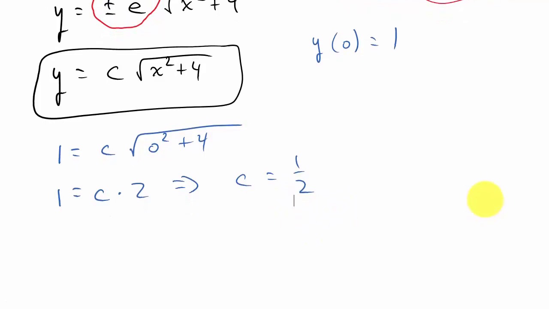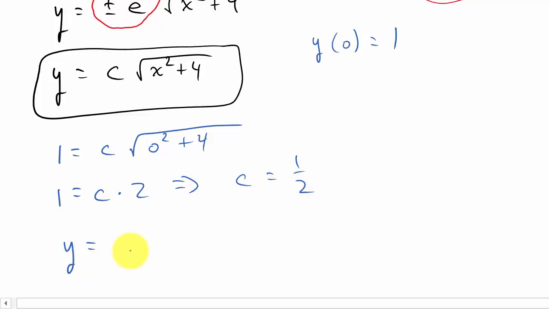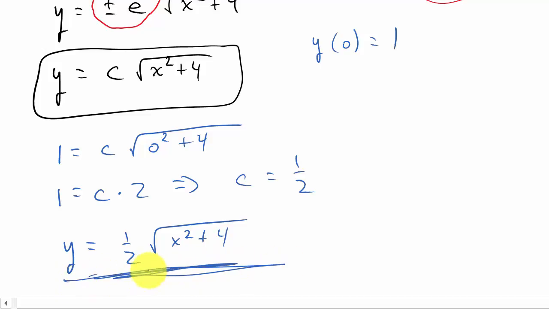And so this would be your particular solution. You would say y is equal to 1/2 square root of x squared plus 4. This would be your solution to the differential equation going through a specific point. Basically, what we're doing is getting a whole family of solutions here, whatever c is. If c is 1, that gives you a solution.